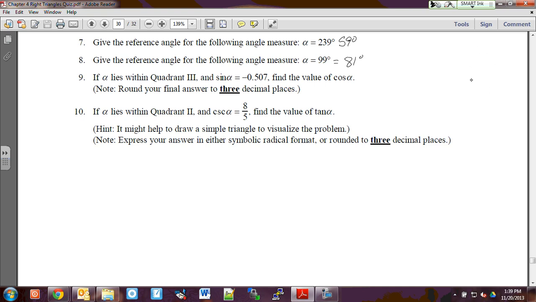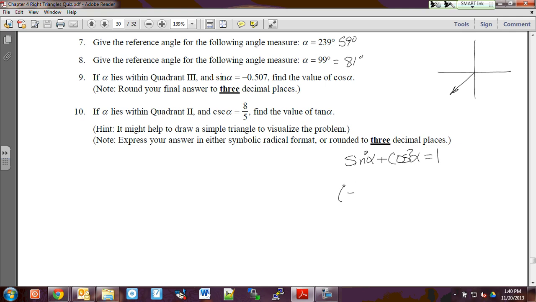All right, number 9. If alpha lies within quadrant 3, so our angle is here somewhere, and the sine of alpha is negative 0.507, find the cosine. To do this, you're going to have to use the golden rule: sine squared alpha plus cosine squared alpha equals 1.